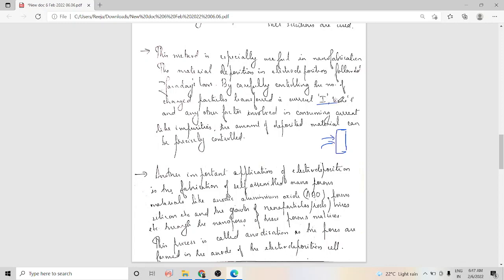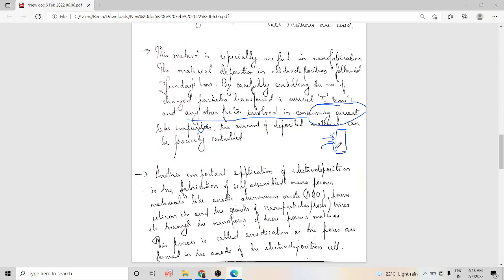By controlling the current, by controlling the time of deposition, and by controlling any other factor that consumes current, like the presence of impurities. If you control these factors, the amount of deposited material can be carefully controlled.